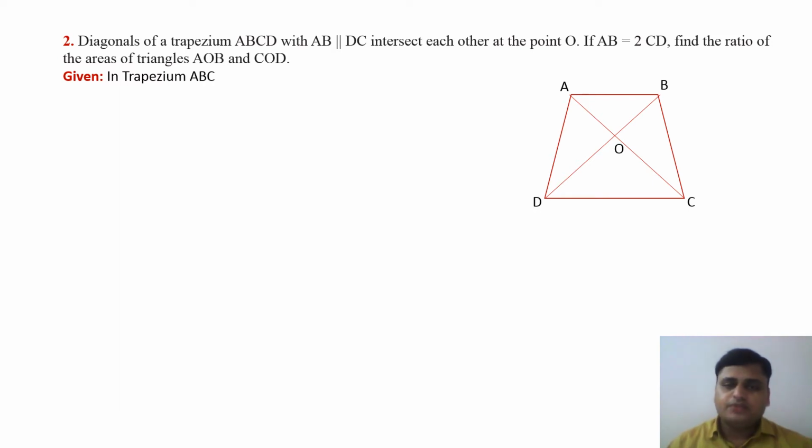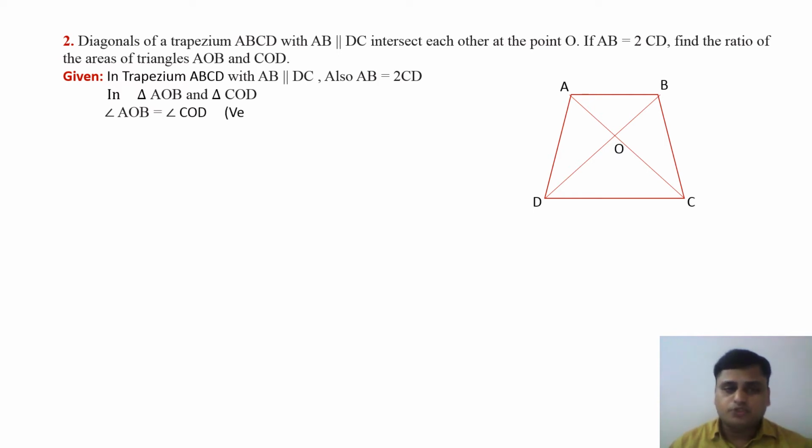Okay, so given in trapezium ABCD, AB is parallel to DC and the diagonals intersect each other. AB is equal to 2CD. Let's do it. In triangle AOB and triangle COD, angle AOB is equal to angle COD, that is vertically opposite angles, and angle OAB is equal to angle OCD, alternate interior angles.